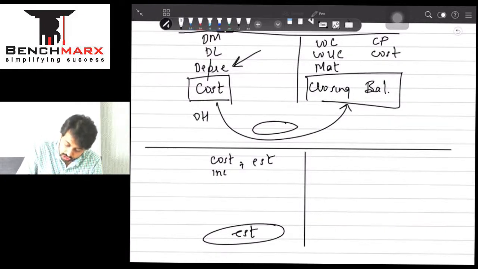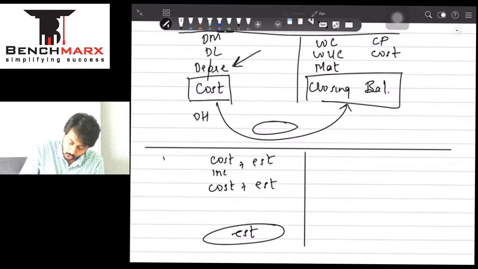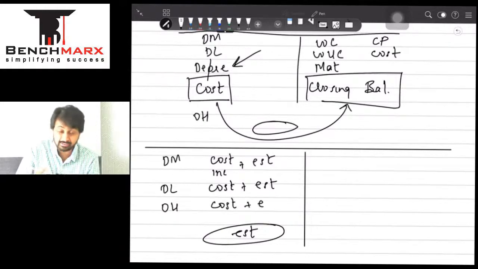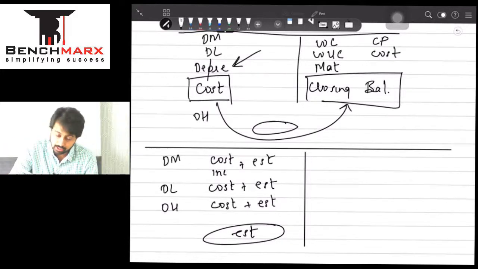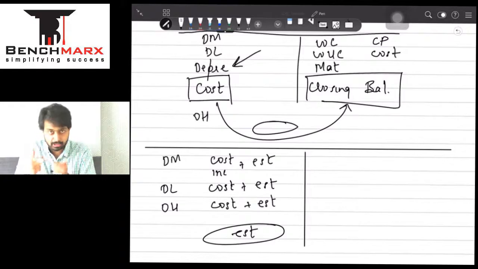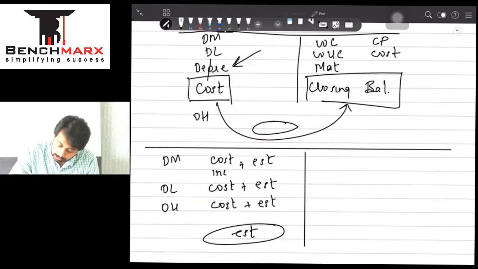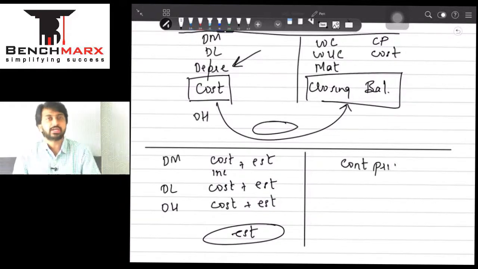Again, cost plus estimated: all the cost of DM, all the cost of DL, all the cost of overheads are going to be cost incurred till date plus cost estimated till the future, because we are not only finding notional profits, we are also finding the total expected profits from the entire contract. If you are finding the profit which is estimated from the entire contract, common sense says I need to have the full contract price here, only then these two sides are comparable.